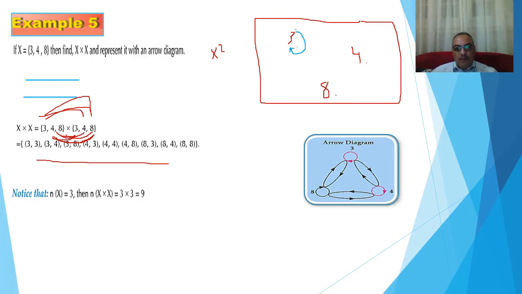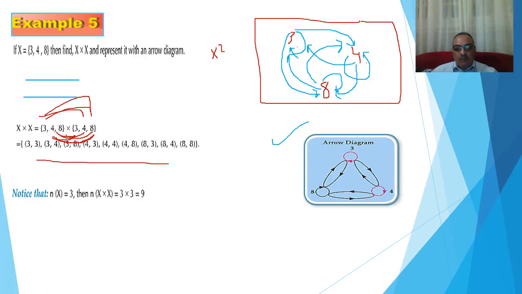And 3 to 4 and 3 to 8. Now 4 to 3, 4 to itself, 4 to 8, 8 to 3, 8 to 4, 8 to itself.